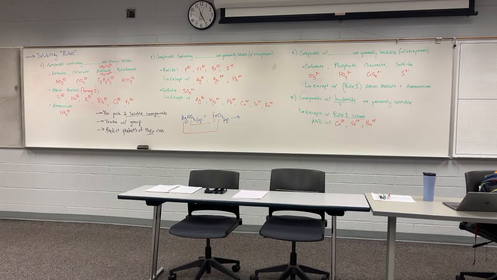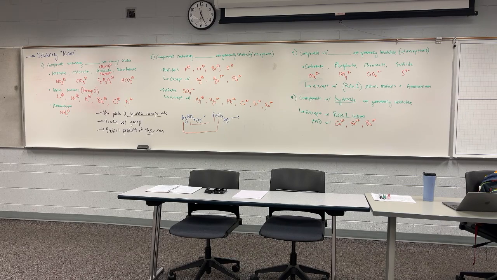Calcium chloride. Chlorides are generally soluble. Is calcium an exception? No. Here we've got Na2SO4 and KCl. We've got two group 1 cations.